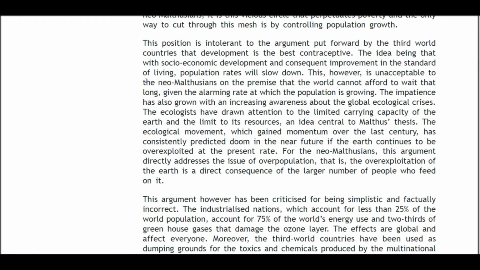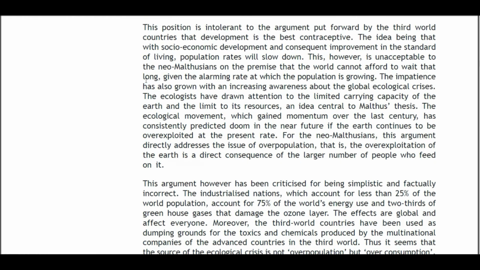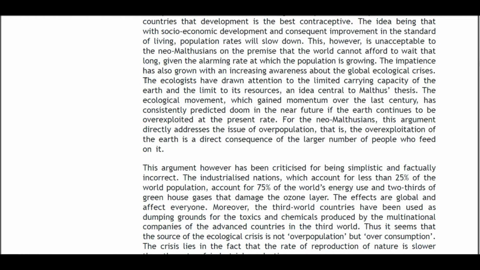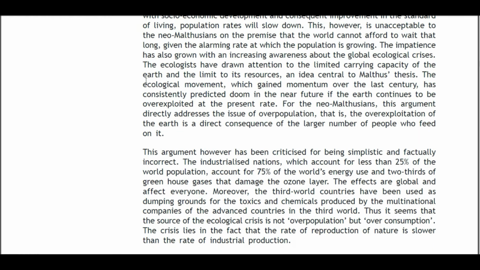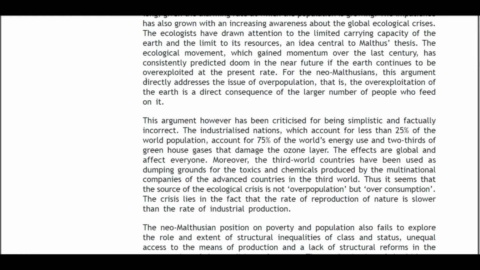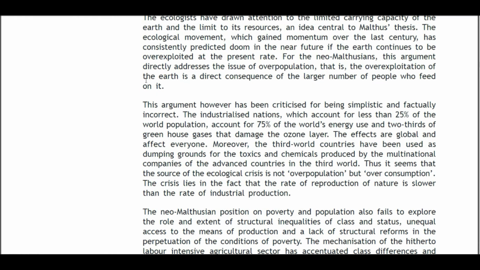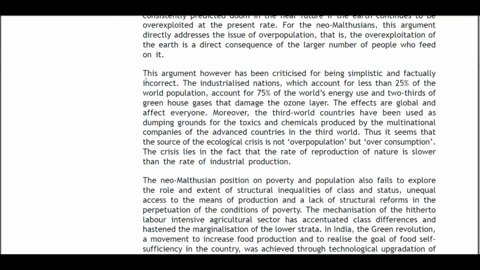For the Neo-Malthusians, this argument directly addressed the issue of overpopulation: the overexploitation of the earth is a direct consequence of the large number of people who feed on it. This argument, however, has been criticized for being simplistic and factually incorrect.